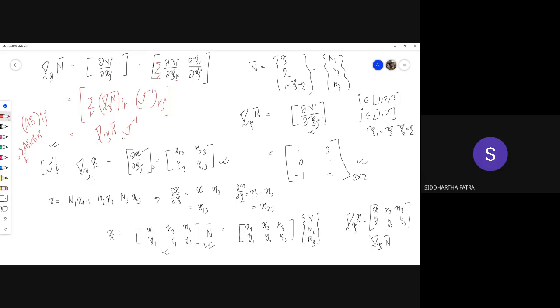Okay, so now can you get the gradient of N with respect to the physical coordinates? I'm sure you can, but you don't have to do the calculation right away. So you can leave it here.